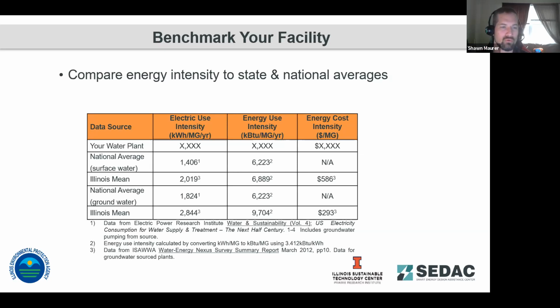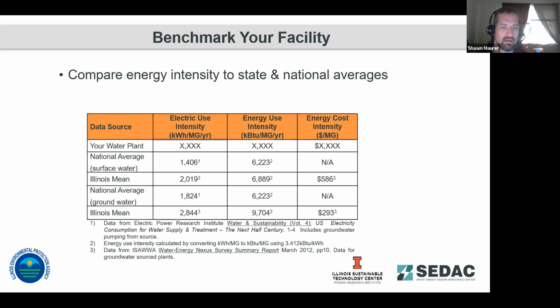And so what we're looking at in the state of Illinois, I think the state's average was somewhere around 23% as far as the leakage rate in the distribution system. That higher leakage rate also translates to a higher energy cost per million gallons.